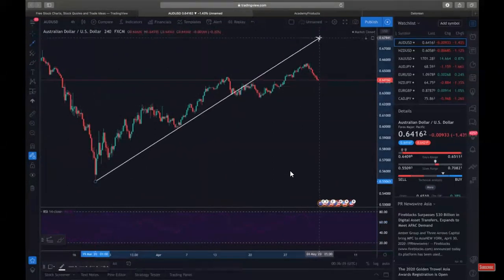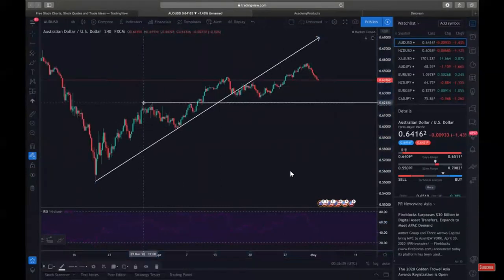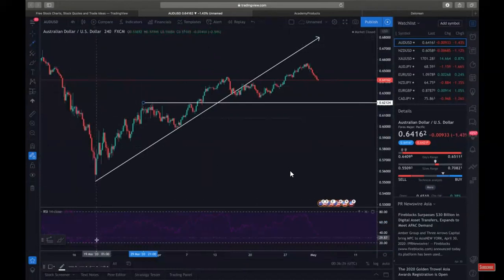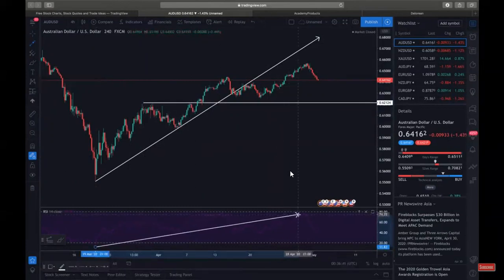We could go to this trend line. Same trade example. Draw the trend line. Follow the same points. Start here. Point 2 is here.